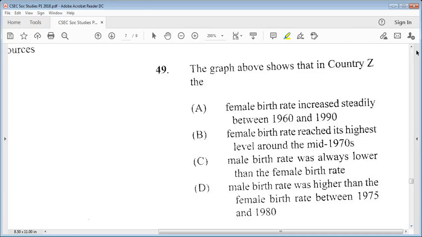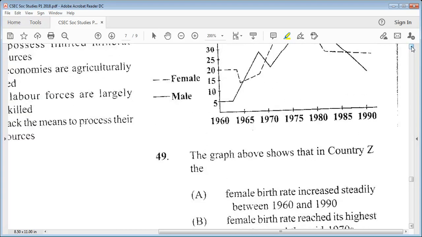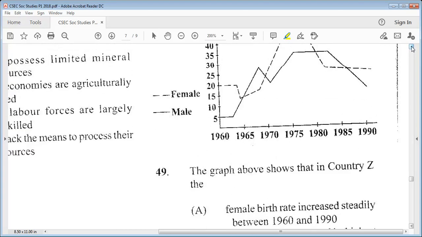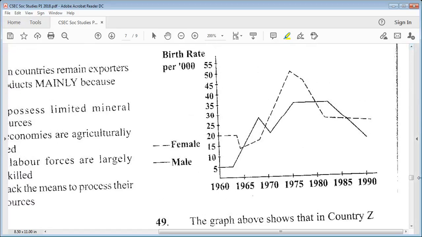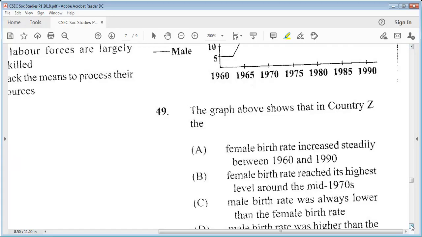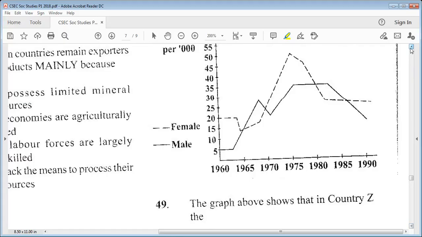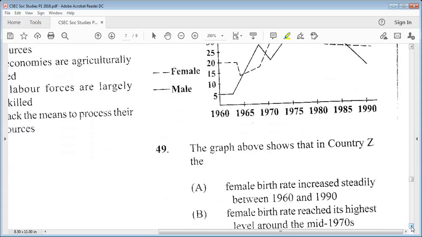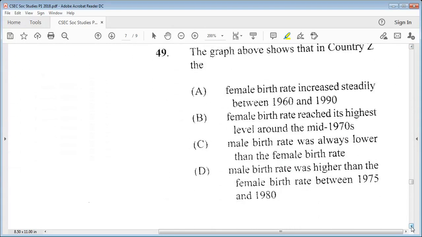So let's look at country Z. Option A says the female birth rate increased steadily between 1960 and 1990. No, that's not our answer. Let's look at B. Female birth rate reached its highest level around the mid-1970s.